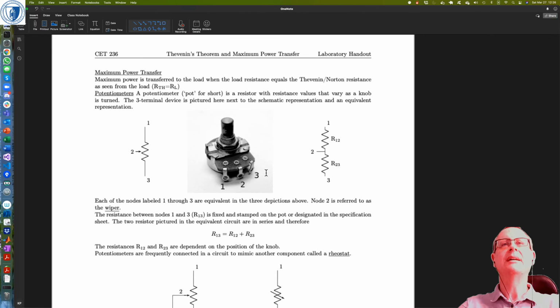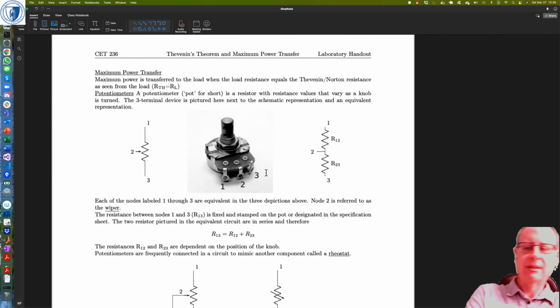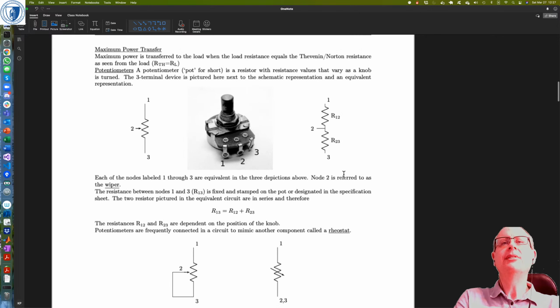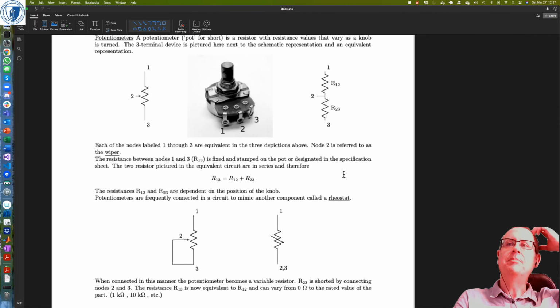Say it's 1K, so R12 is equal to 1K minus R23, right? So as you turn that knob, you get an increase or a decrease in resistance values. And then the overall resistance, if it's a 1K, will always be 1K, the resistance between nodes 1 and 3.